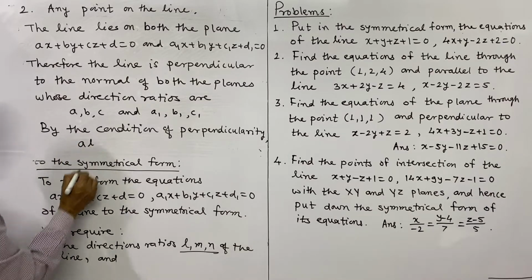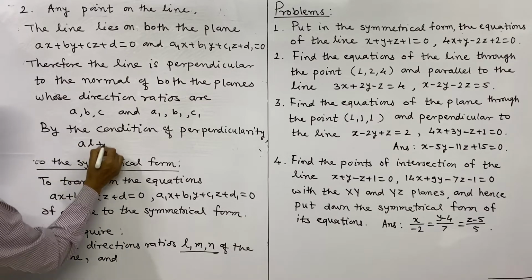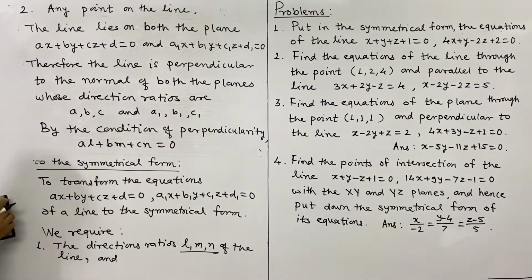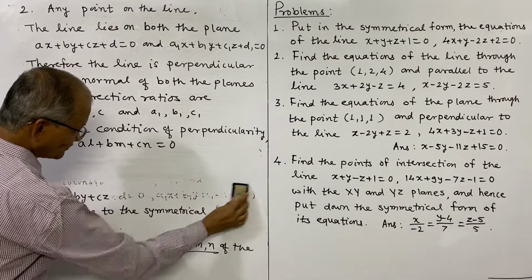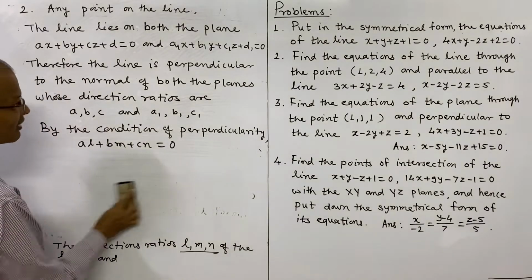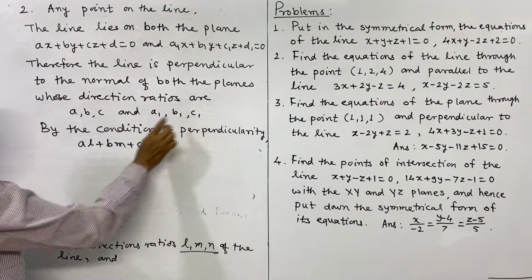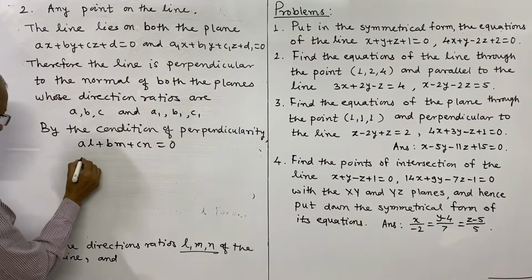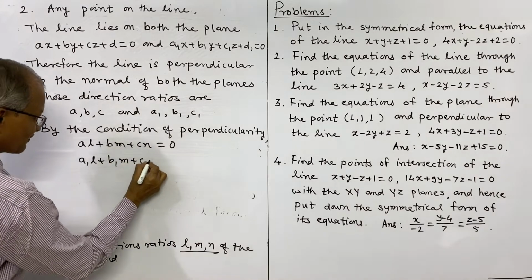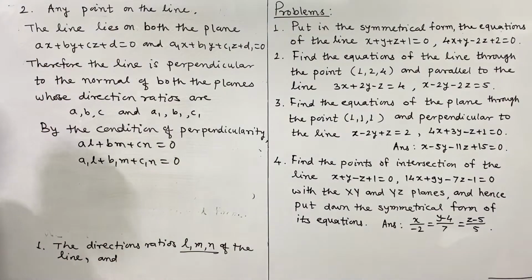That gives A into L plus B into M plus C into N is equal to 0. Now the same line is perpendicular to the normal of the second plane, whose DRs are A1, B1, C1. So the second condition will be A1L plus B1M plus C1N is equal to 0.